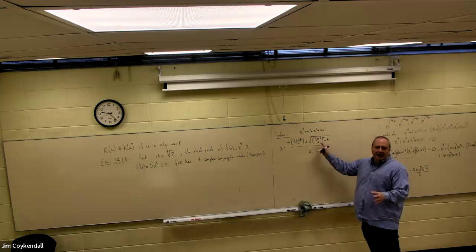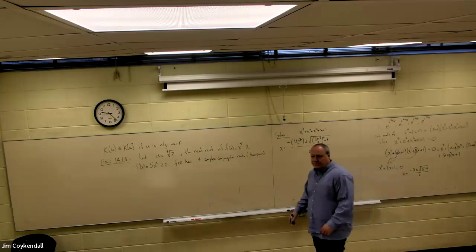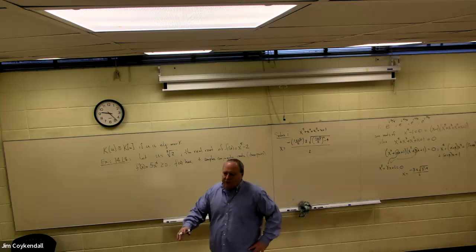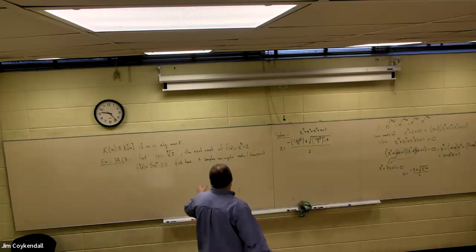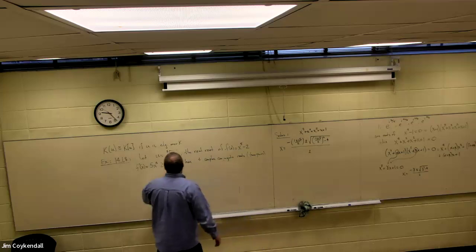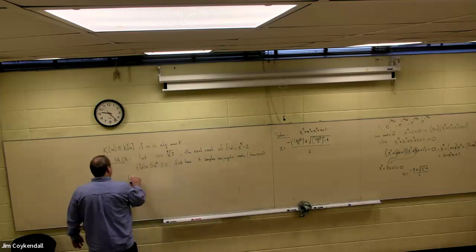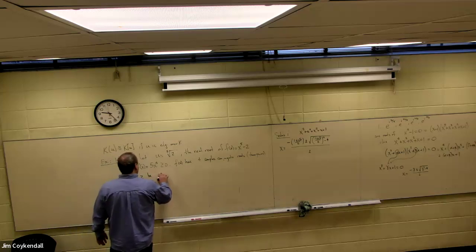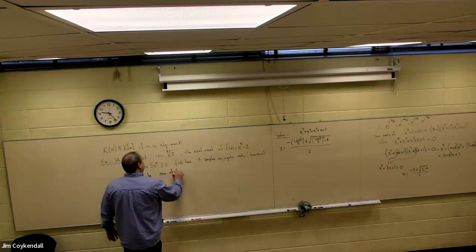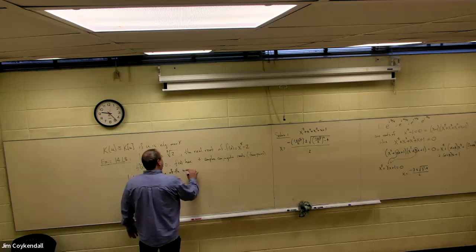In any case, it's going to be negative under the radical. Any questions on that? But see, here's the point. I've got a little feel of what I want to do. Let Z be one of the non-real roots.